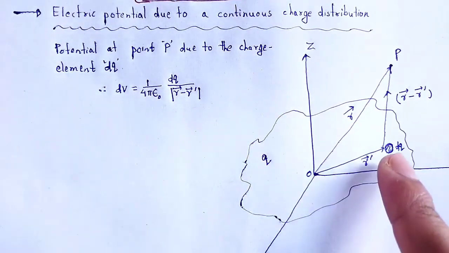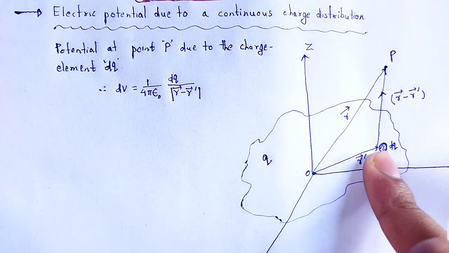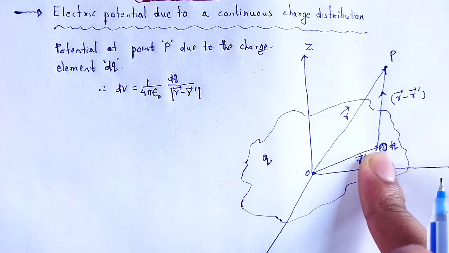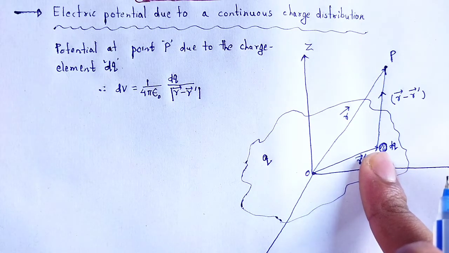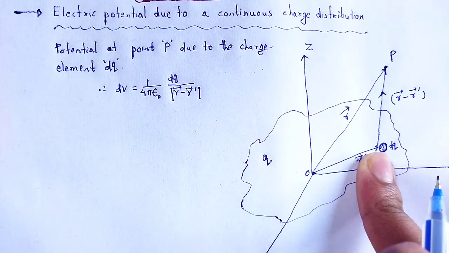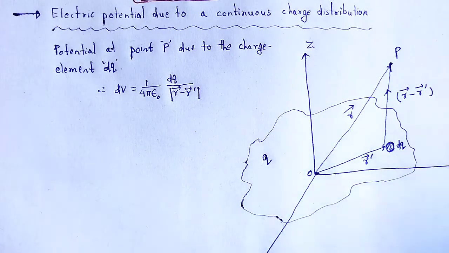Continuous charge distribution is of three types: one is linear charge distribution, another is surface charge distribution, and the last is volumetric charge distribution. In this way, we calculate three different conditions for the total potential at point P due to these various types of charge distribution.